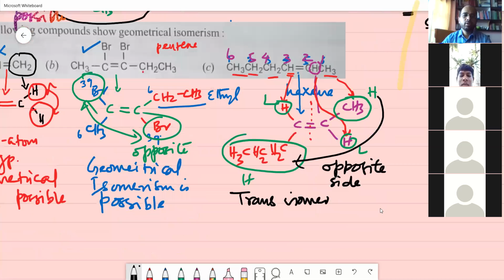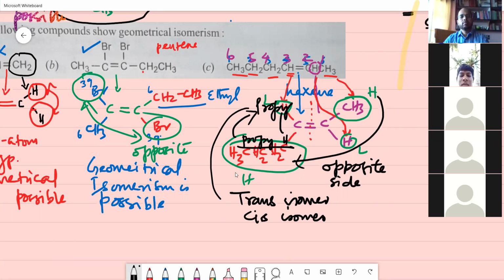And if you put this 1, 2, 3 propyl group on the top with the hydrogen below, the cis isomer will come. Propyl to the top, you get the cis isomer. So therefore this is also showing a geometrical isomer.